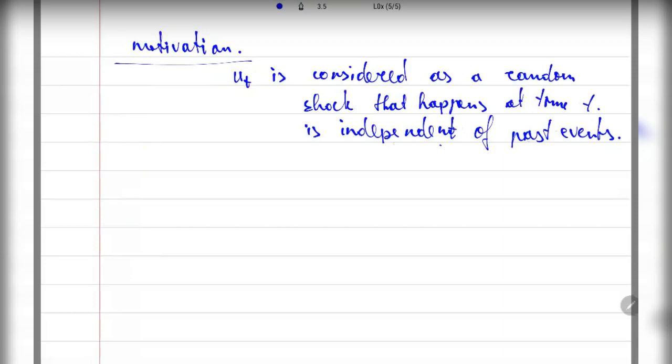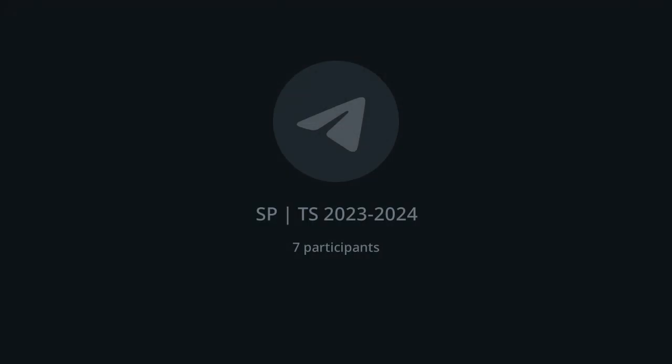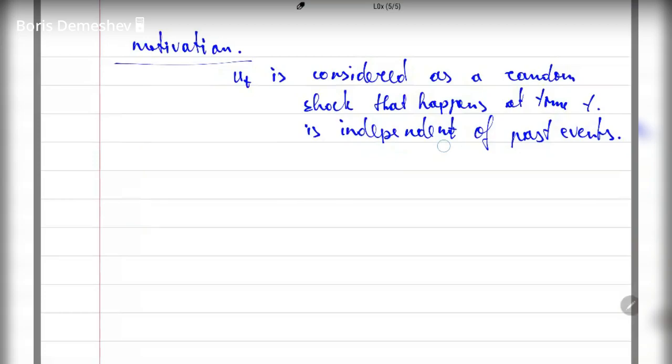So that's something new that happens at time t. Some news that was unpredictable before, something bad or something good that is unpredictable, is independent of past events.